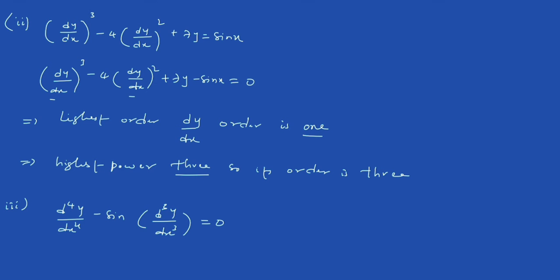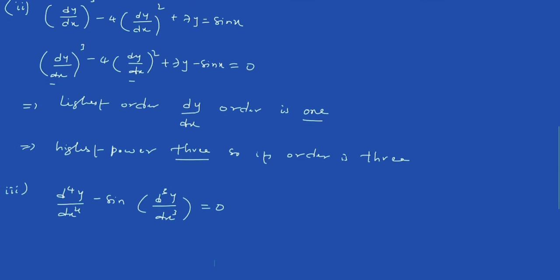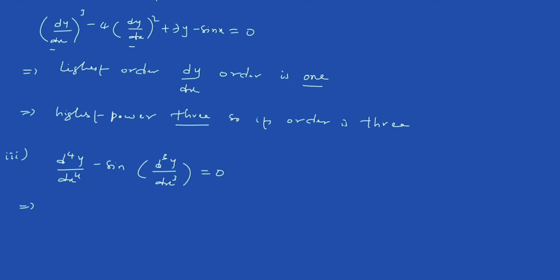Here the highest order derivative present in the differential equation is d4y upon dx to the power of 4, right? So thus the order is 4. When we come to find the degree, here you can say it is not defined.